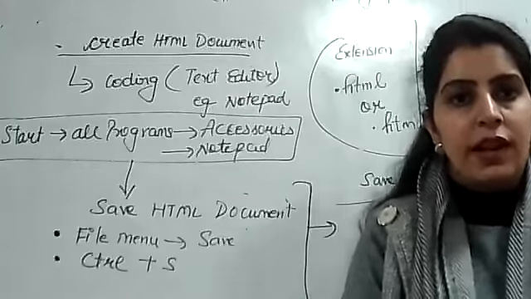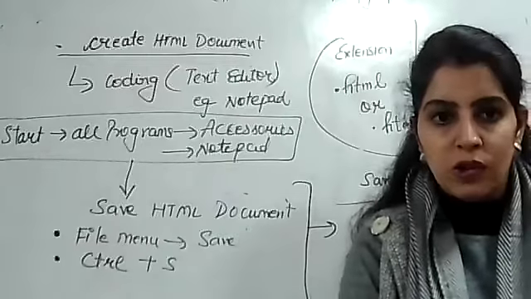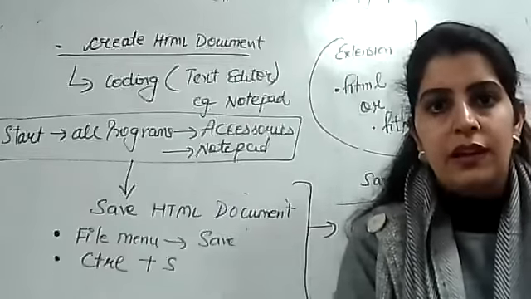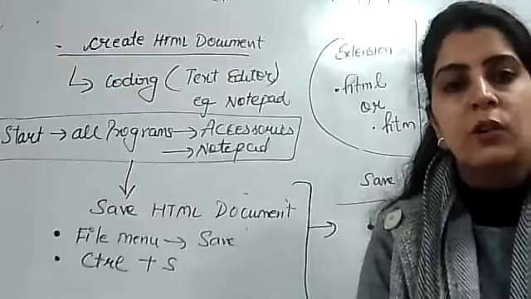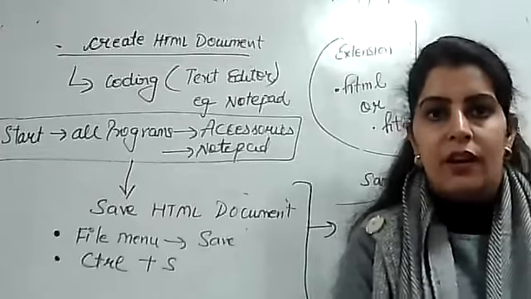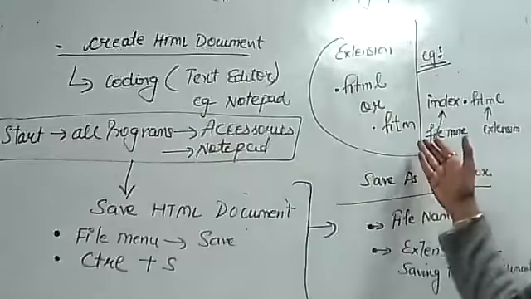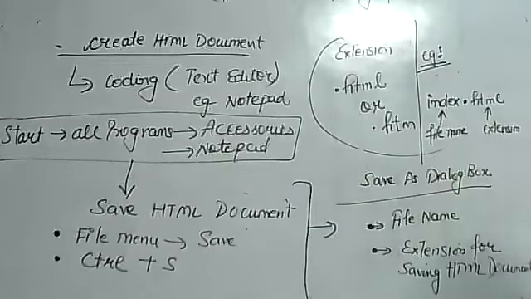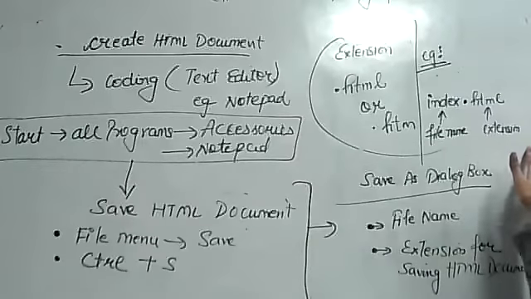HTML open, head open, title close. Then head close, body open. Then content of the web page will be inside the body tag. Close the body tag, then close the HTML tag. Once you have typed the coding, next is to save it using the extension .htm or .html. So this way you have to specify the file name.